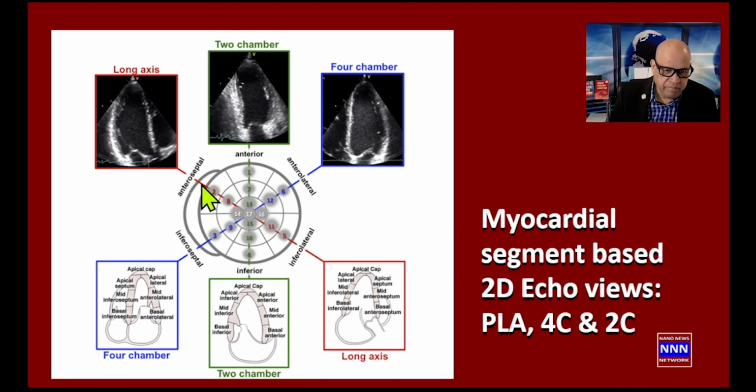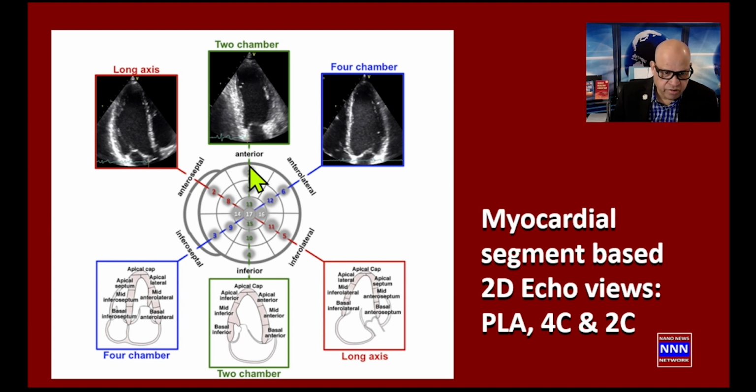The septum and the lateral walls are divided into anteroseptal and anterolateral, and the inferior is divided into inferoseptal and infralateral. This is where people get confused depending upon the placement of the transducer. You have to have a three-dimensional orientation of the heart to understand this concept.